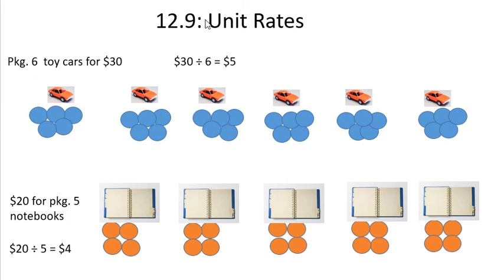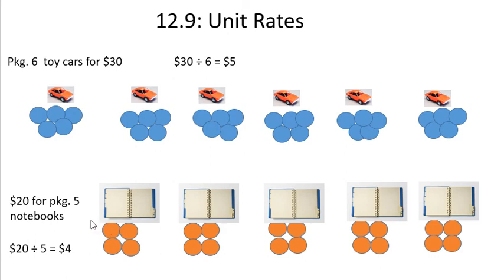And if you noticed, we could have also done it with one step by using the $30 and dividing that by 6, which equals 5. That would tell me exactly how many dollars would be for one car in the package. And the same thing for $20 for a package of 5 notebooks. We can do 20 divided by 5 equals $4.